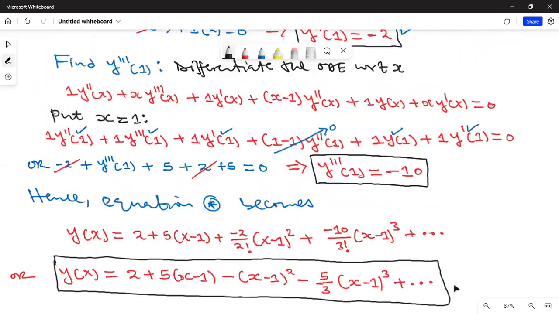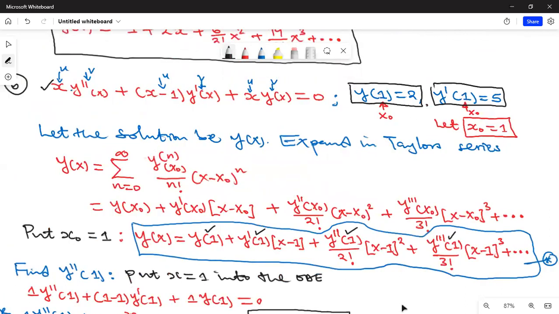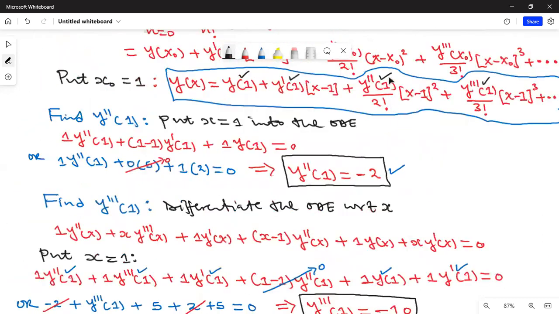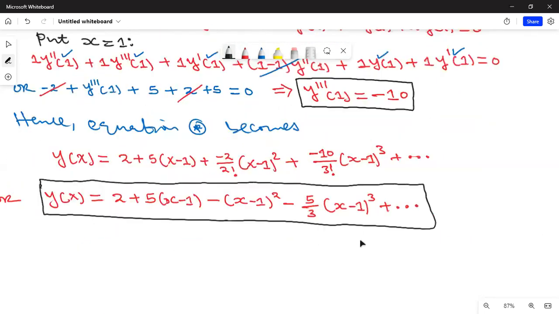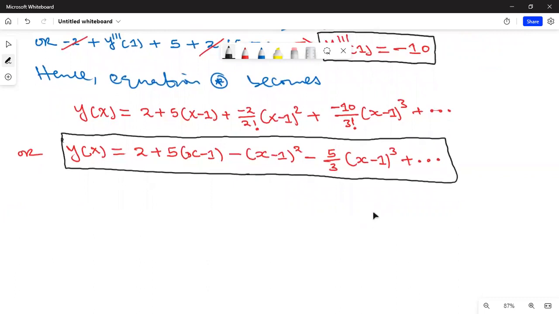Take note that even x is equal to 1 is also an ordinary point of the ODE in part B. I didn't mention that. And I told you, if that point is not an ordinary point, then you cannot use Taylor's theorem to solve that kind of ODE and initial condition. That value must be ordinary for you to use this concept.